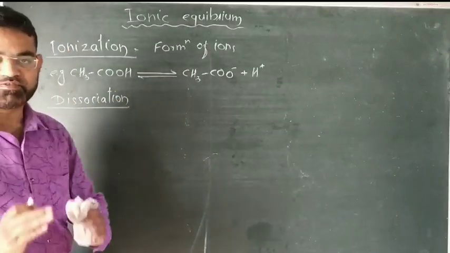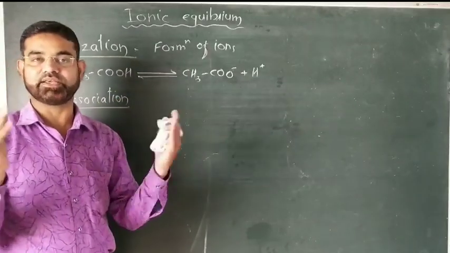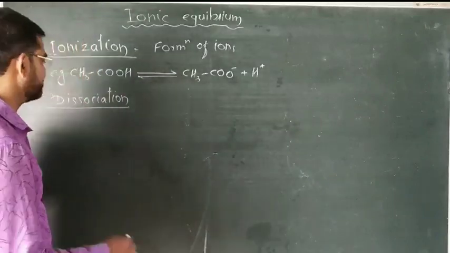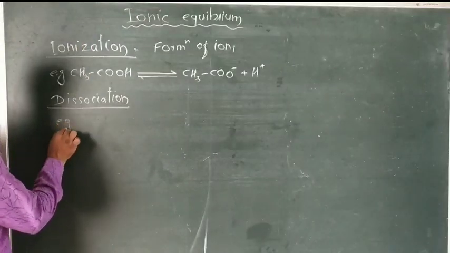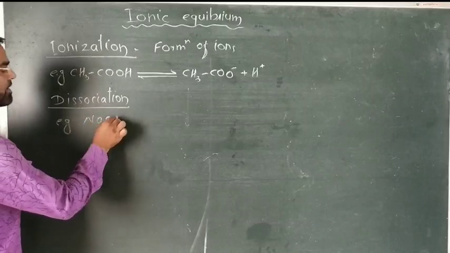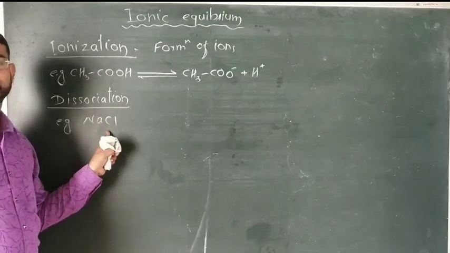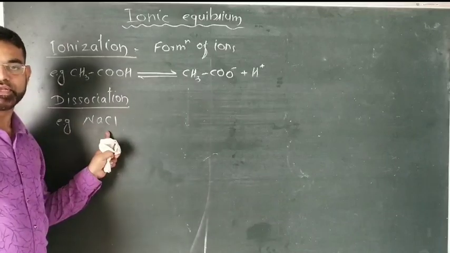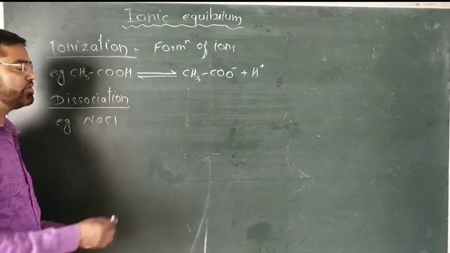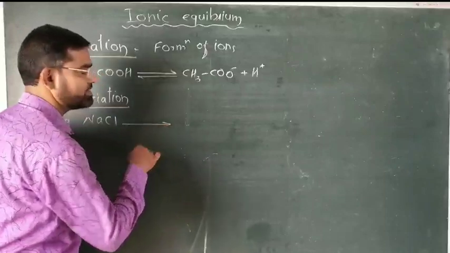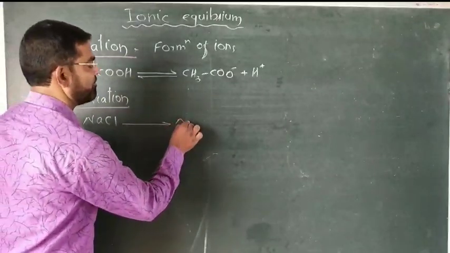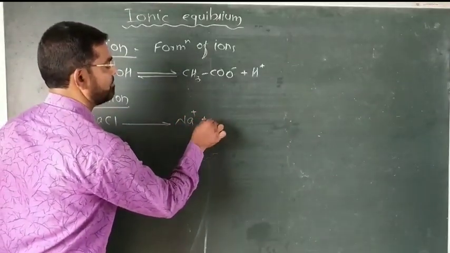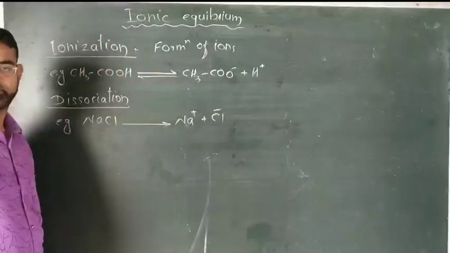On the other hand, dissociation. The process of separation of ions is known as dissociation. Example: NaCl. NaCl is an inorganic, ionic compound which dissociates completely and forms Na plus and Cl minus.